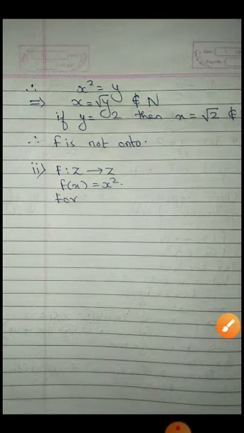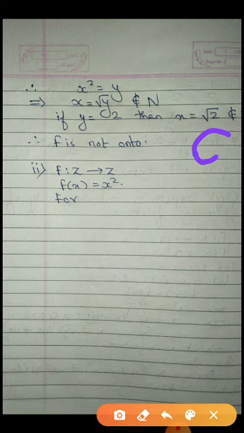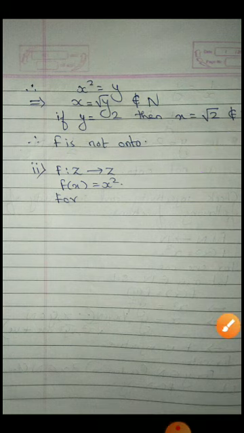My domain was natural numbers. So root y won't always be a member of the natural numbers. If the property is not satisfied, without doing this procedure, directly you can give an example. You can state that if y is equal to 2, your x is root 2, it does not belong to N. And hence f is not onto.